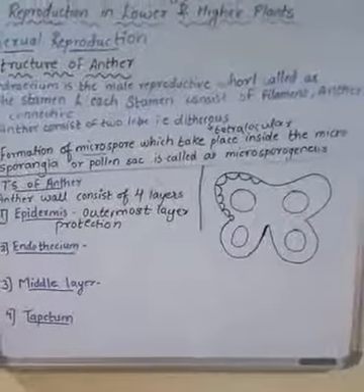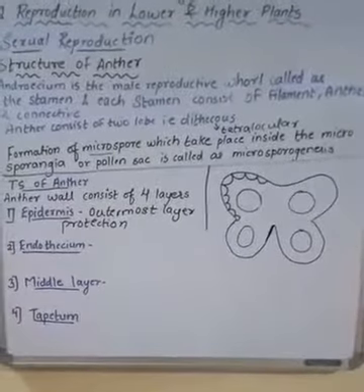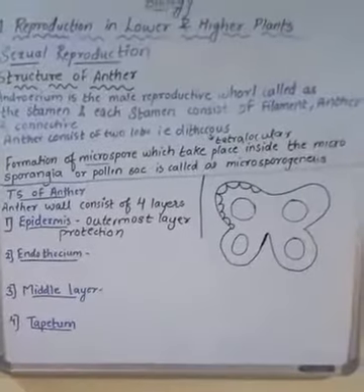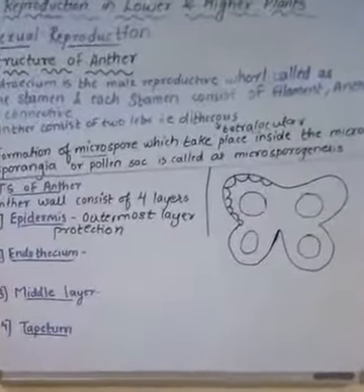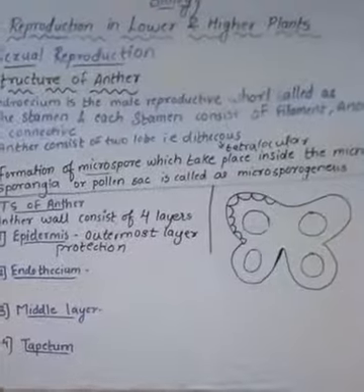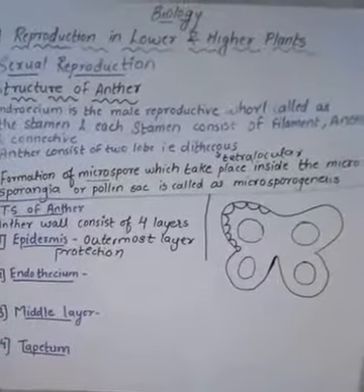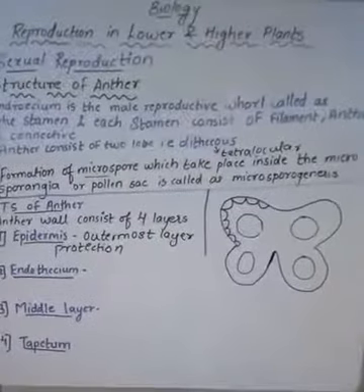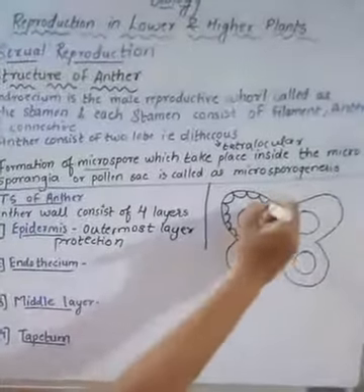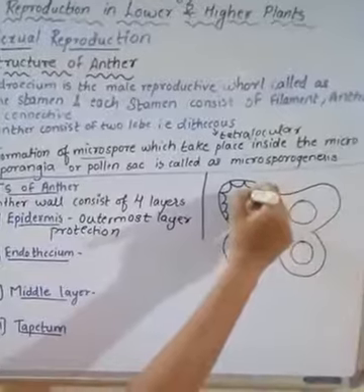Now the second one is called the endothecium. Endothecium is the second layer beside the epidermis. In this second layer, the cells are a little bit thick and very hard in structure.